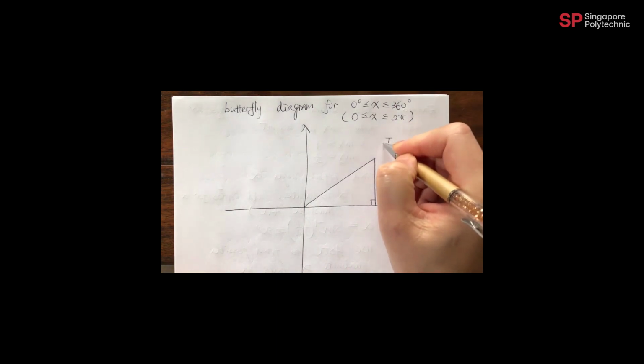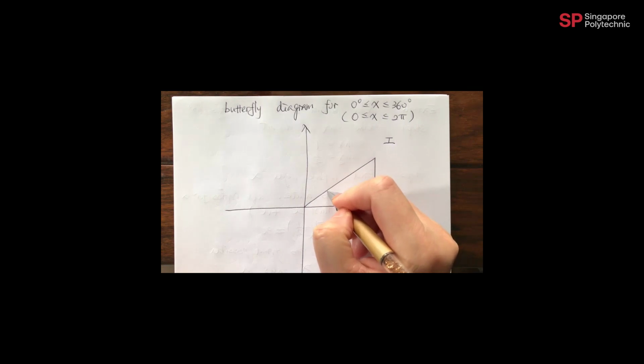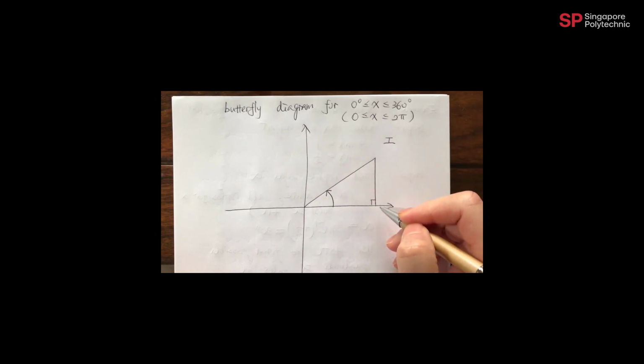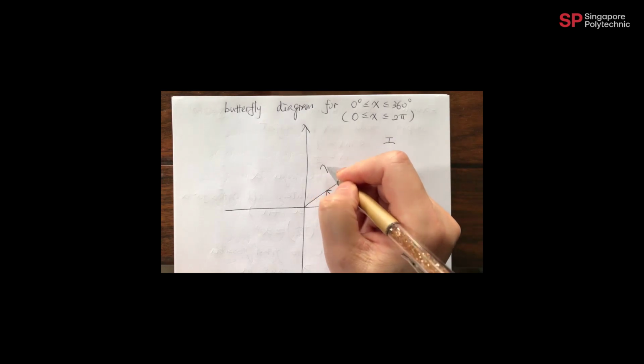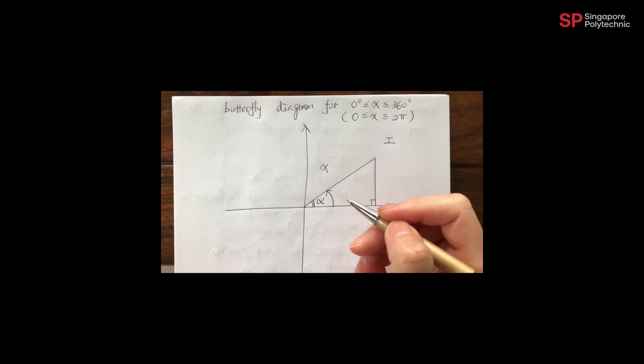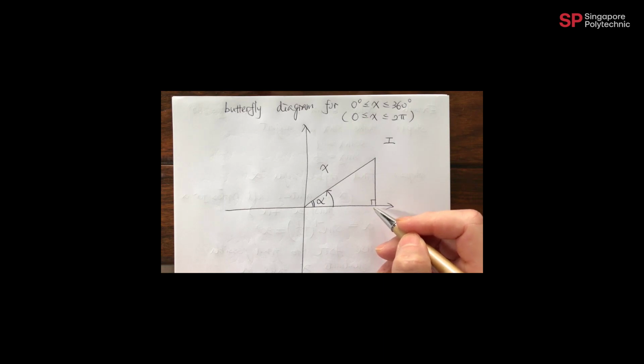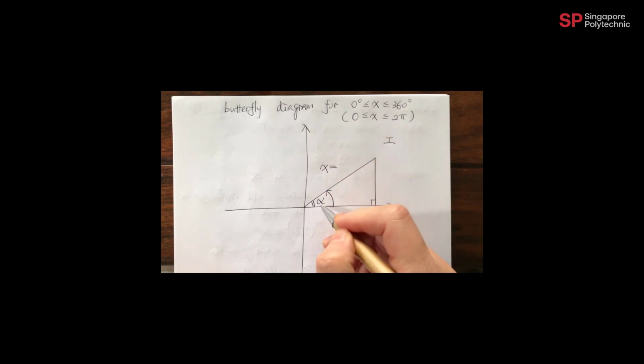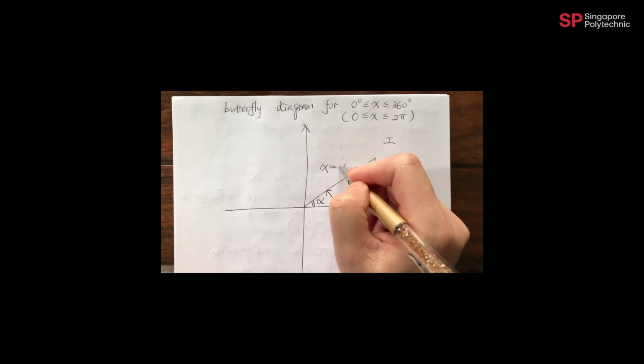So if I rotate the angle in anti-clockwise direction and stop at this position, I will draw out a right angle triangle in such a way. So this is actually my angle x. Now in this right angle triangle, I use this acute angle alpha to help me visualize the opposite and the adjacent side. So this tells me that in fact my angle x and my reference angle alpha are the same.